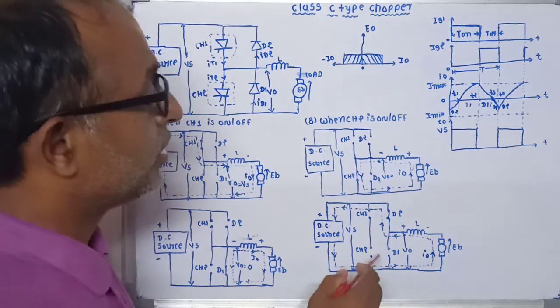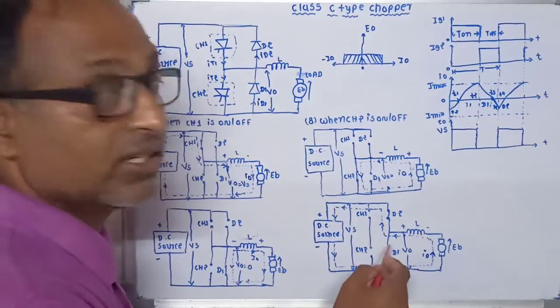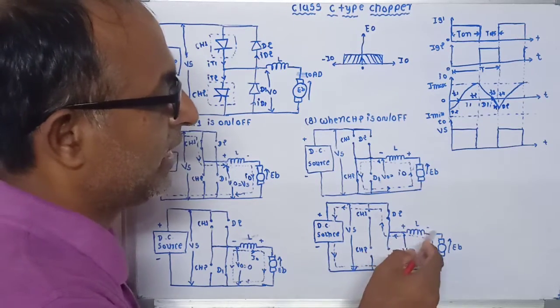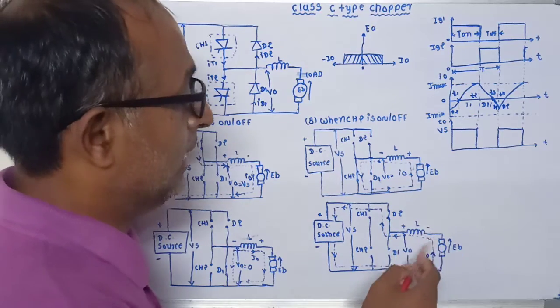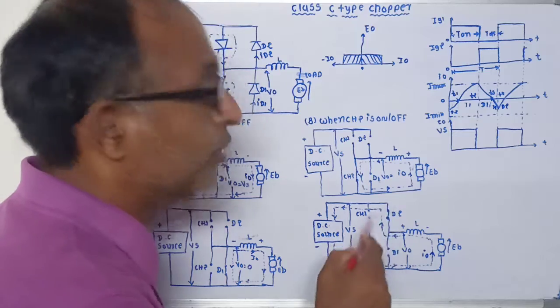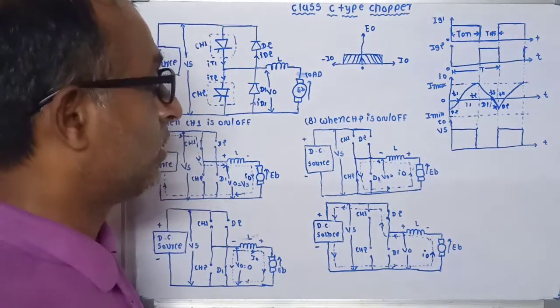Due to this off condition, the stored energy reverses the polarity. The left terminal becomes positive and the right terminal becomes negative. Due to this voltage, diode D2 turns on, and it acts as a short circuit.